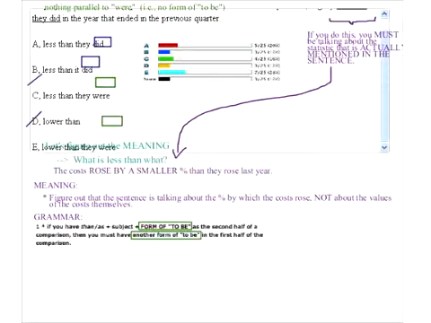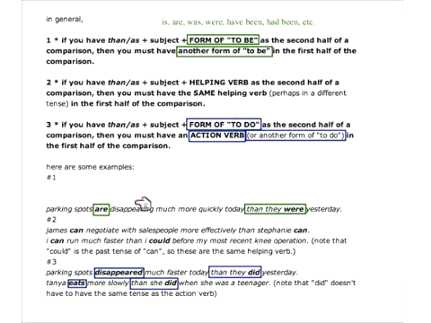So that works in this case because rose is an action verb. So they rose less than they rose in the year that it ended in the previous quarter. Like here, they disappeared faster than they disappeared yesterday. Tanya eats more slowly than Tanya ate when she was a teenager.